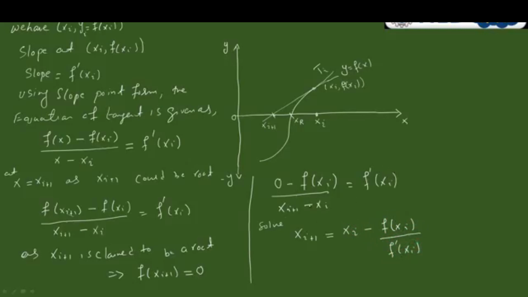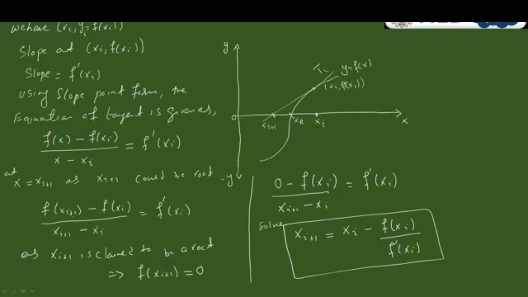So if you multiply this out and solve for xi plus 1, you will get the following representation. This formula is not only for one point xi and xi plus 1. Xi and xi plus 1 represent transitions. They could be any point. If it is x naught, then this becomes x1. If this is x1, this becomes x2, and so on.